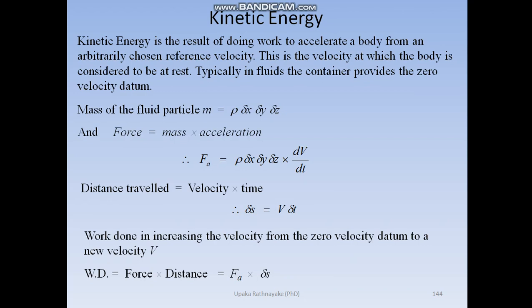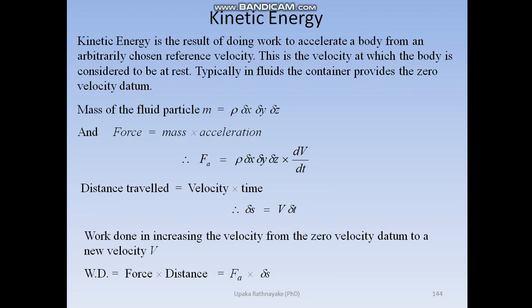Let's move to the kinetic energy. Kinetic energy results of doing work to accelerate a body from an arbitrary chosen reference velocity. Please follow the calculations. We can prove that the kinetic energy is given by half rho v squared delta x, delta y, and delta z for the same delta x, delta y, delta z fluid cube.